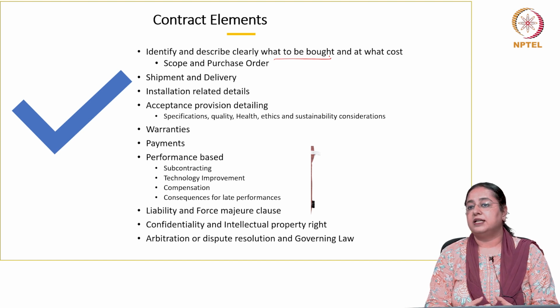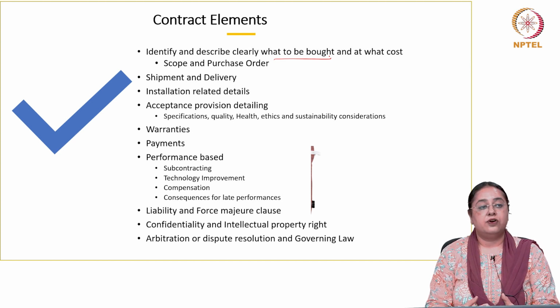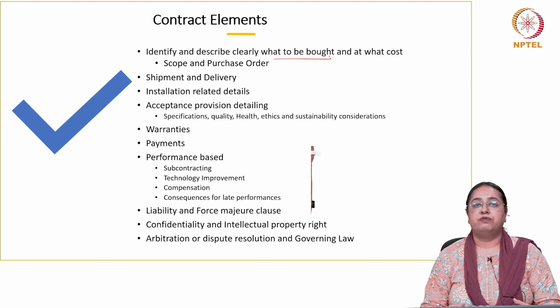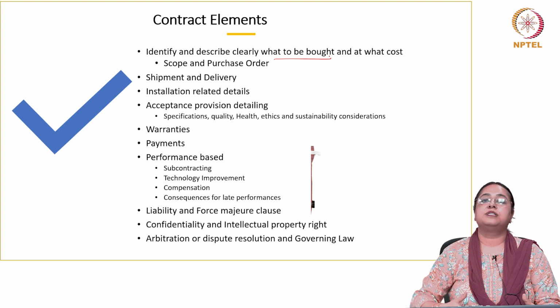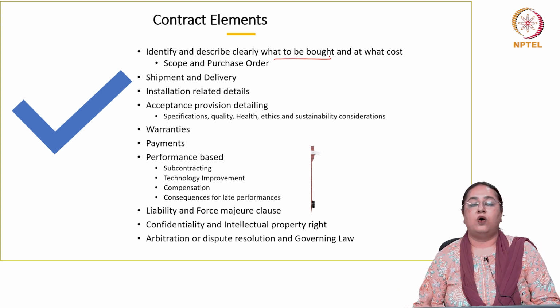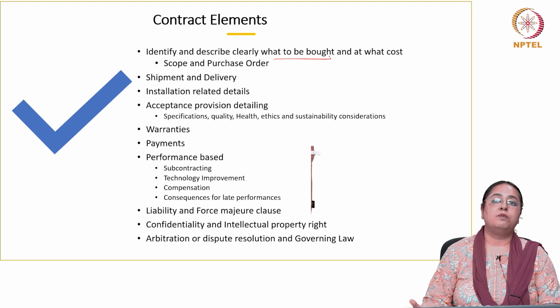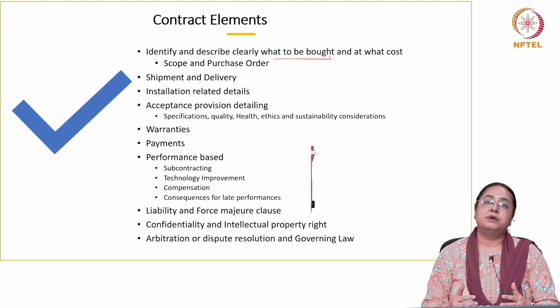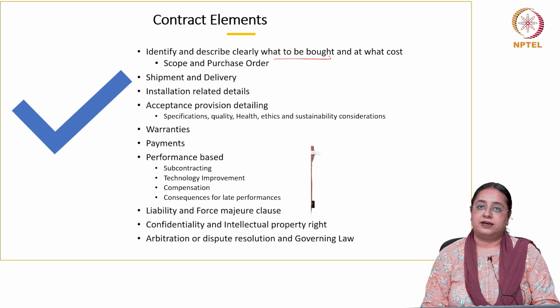We cannot say, I want a table from the furniture shop, and that doesn't mean you can use the same contract to buy a chair by default. It is not possible. One has to define the scope very clearly and the purchase order in the contract elements.